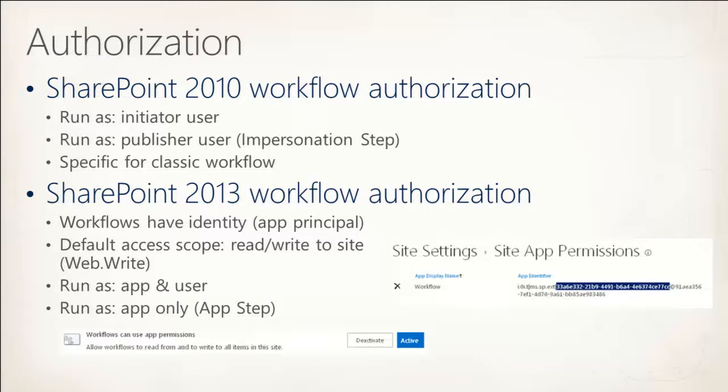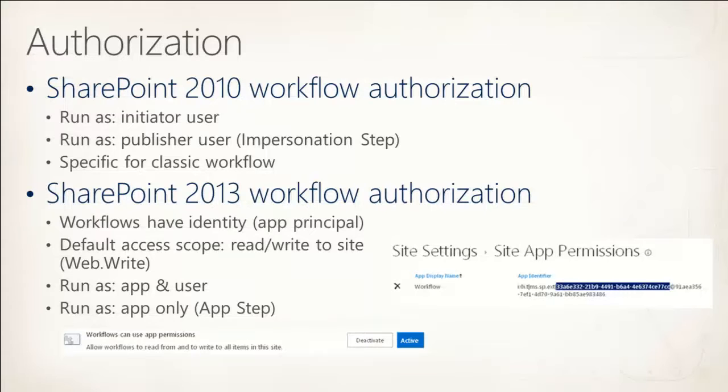Okay, so let's talk a little bit about authorization, workflows as apps. I'm going to have to hurry up a little bit here. In SharePoint 2010, we had this notion of workflows impersonating users, and workflows could impersonate either the initiator or the publisher through an action we call the impersonation step.